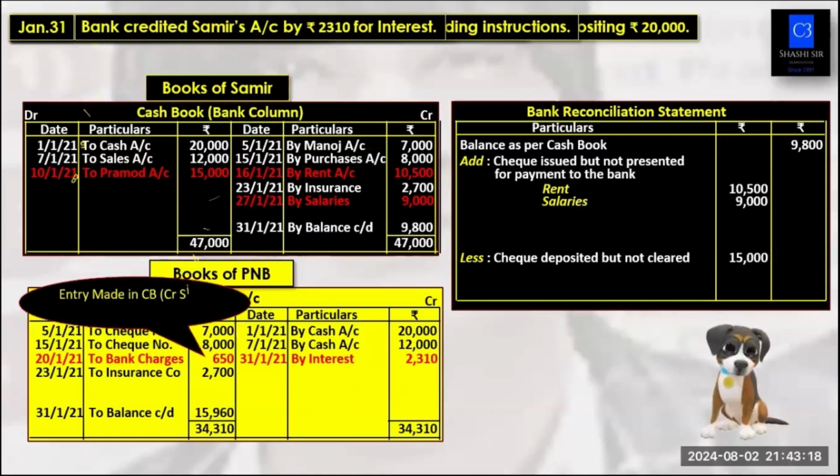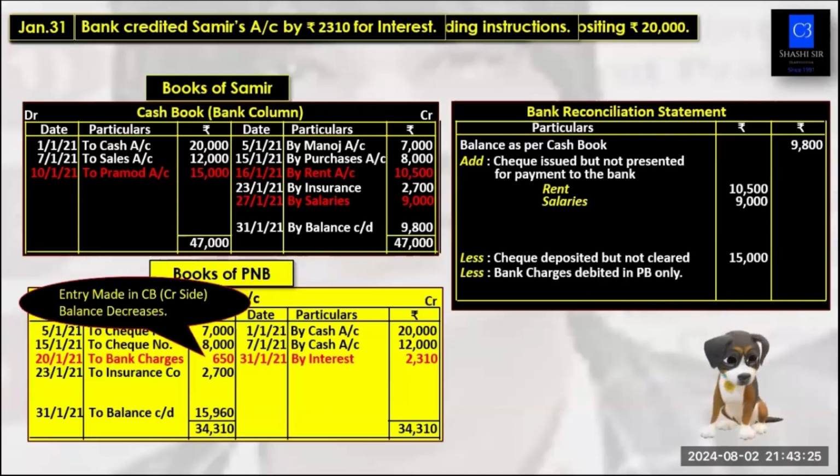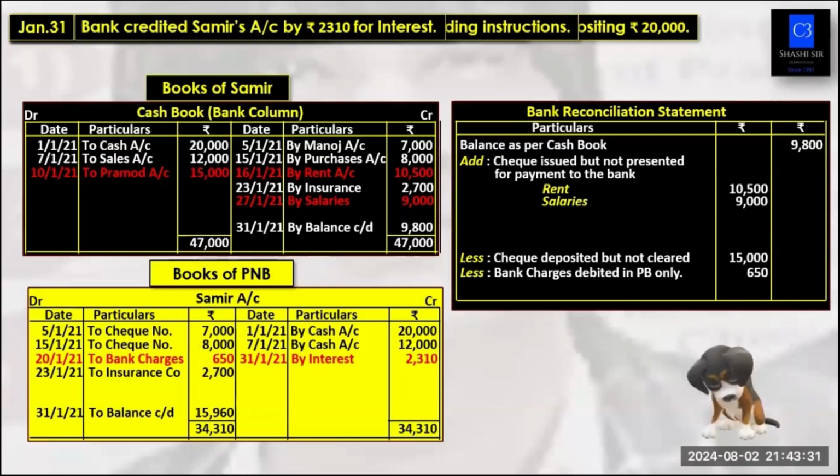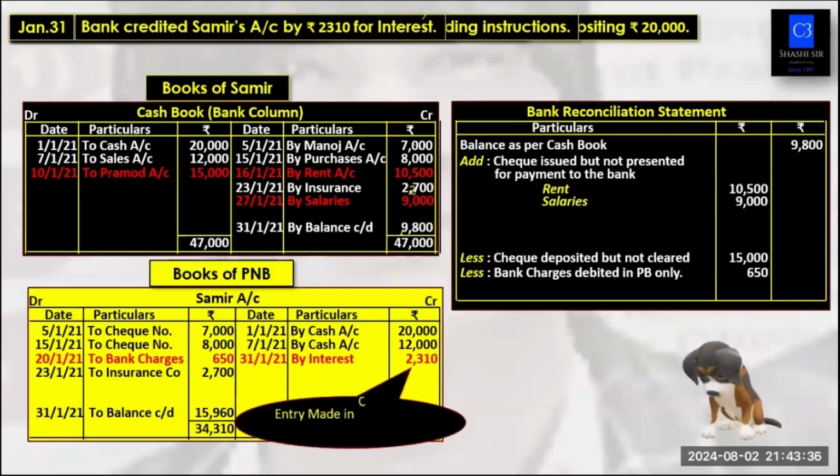This 650 will be deducted in the bank reconciliation statement, and this 2310 will be added in the bank reconciliation statement.